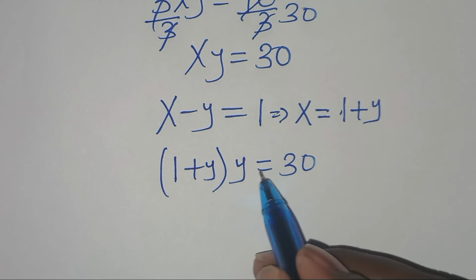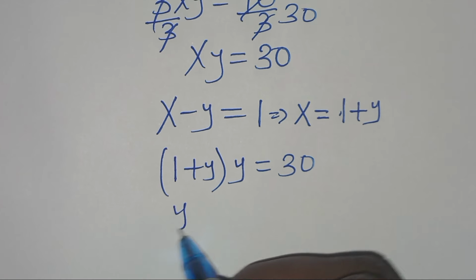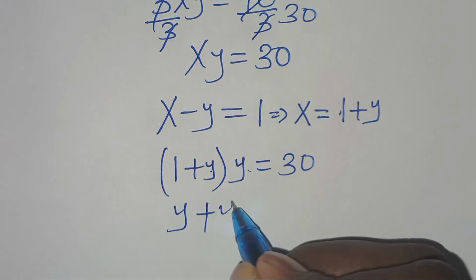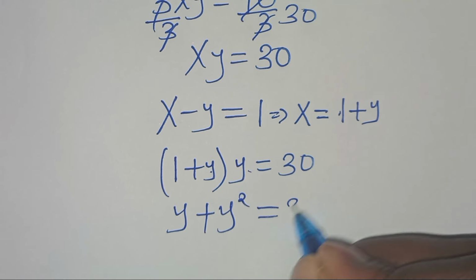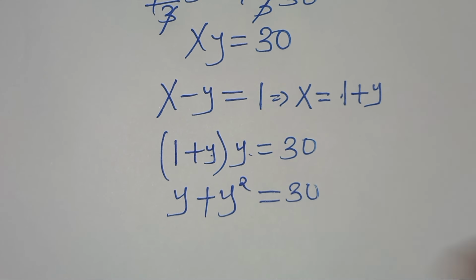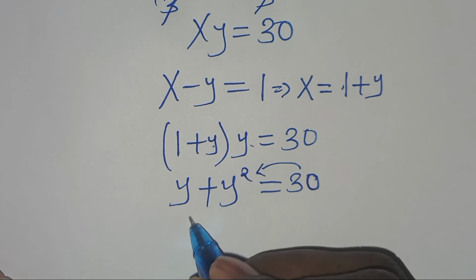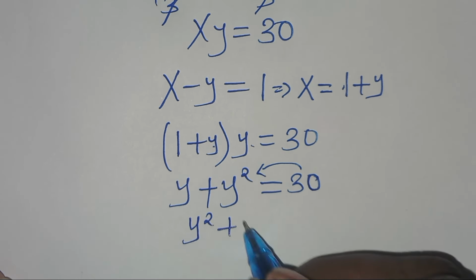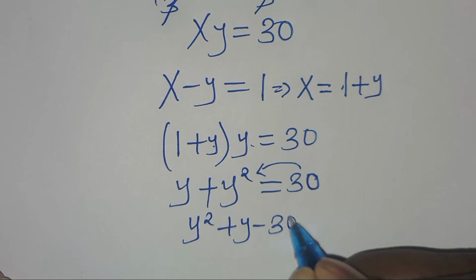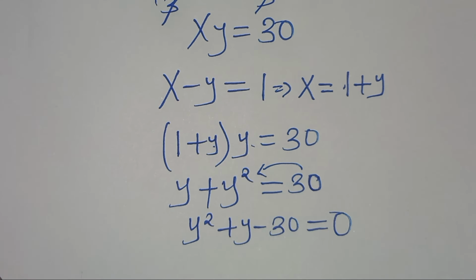So let's open the parentheses. 1 times y, this is y, plus y times y, this is y squared. This is equal to 30. So let's take 30 on the left hand side, so that we have y squared plus y minus 30. This is equal to 0.